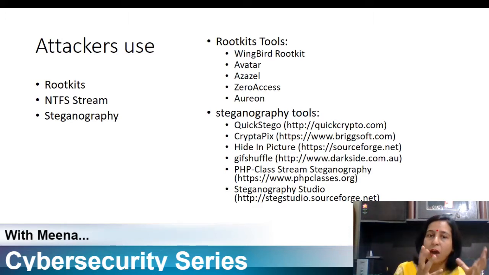How are they doing it? For example, we are using a PDF reader, let's take Adobe, and it has some vulnerabilities and bugs inside it, and right now we don't have a patch for that.